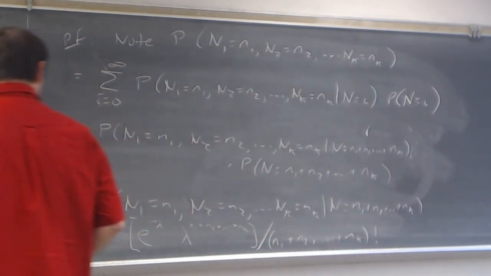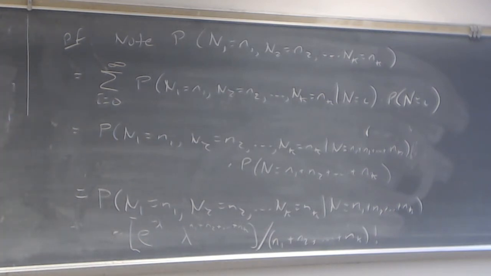That's a Poisson PMF, and we're evaluating it at the sum of the little n sub 1, n sub 2, all the way to n sub k.